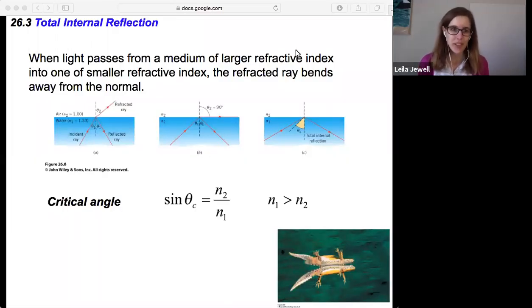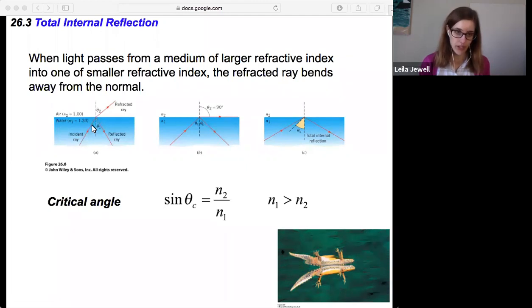And 26.3, total internal reflection. So when light is passing from a medium of larger refractive index into one of smaller, the refracted ray will bend away from the normal. An example of that is if instead of having light in the air section, the light's in the water passing towards the air, then some of that light ray will naturally just reflect at the interface.